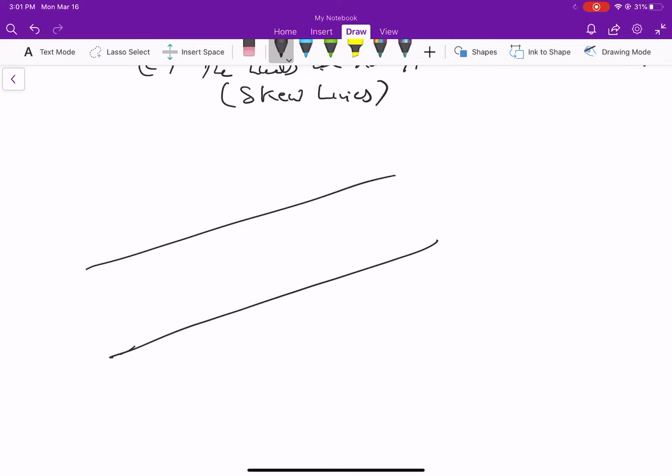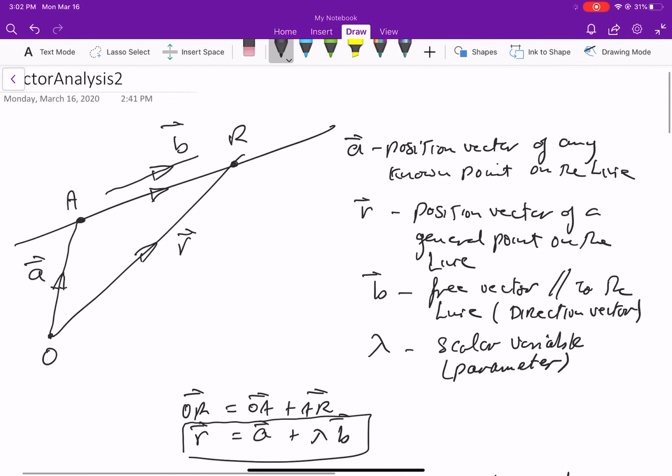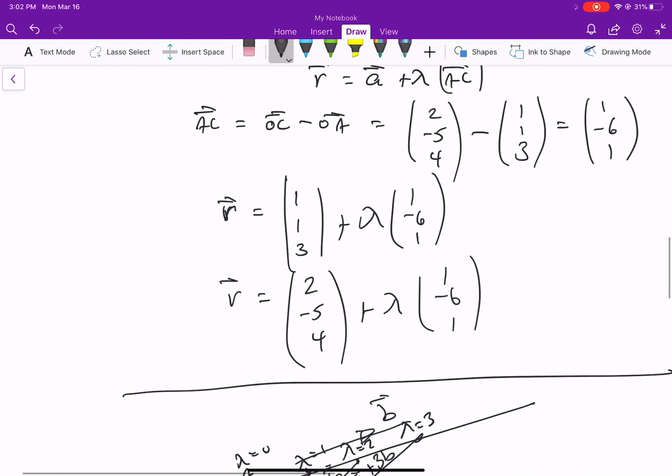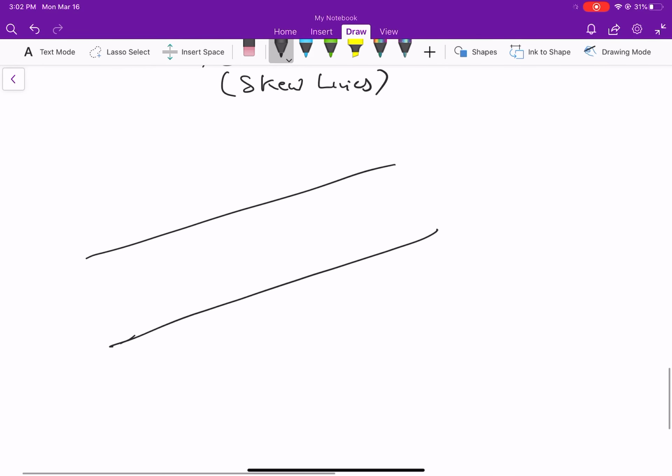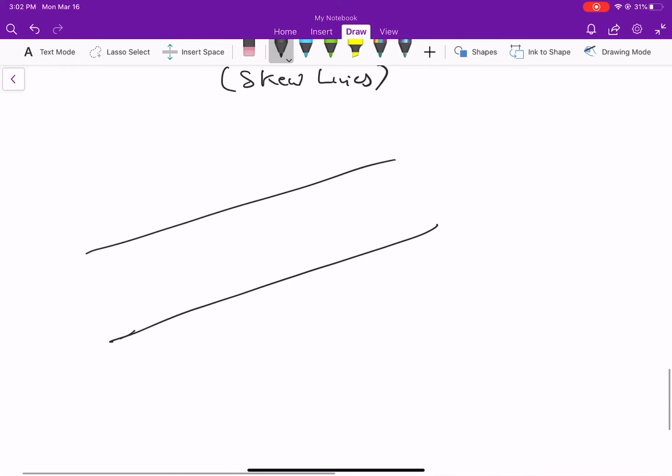Now remember, generally speaking, you don't have a diagram. They don't show you 2 lines in 3 dimensions, more or less. You would most likely have the vector equations for the 2 lines. And how do you use that? How do you use the 2 vector equations to show whether or not the lines are parallel?